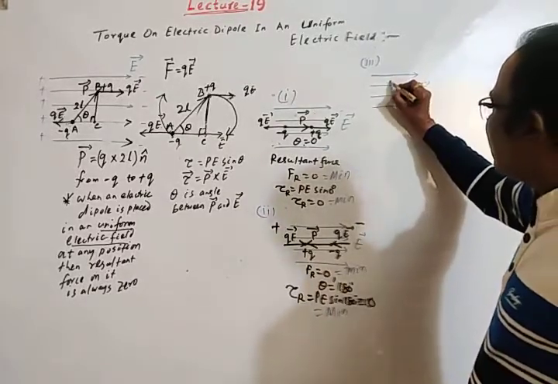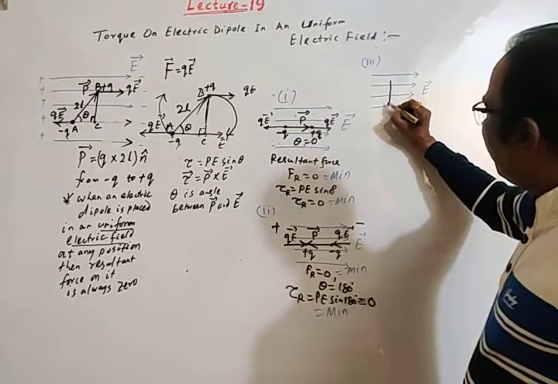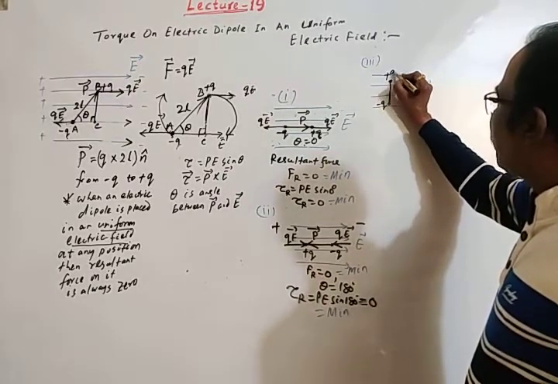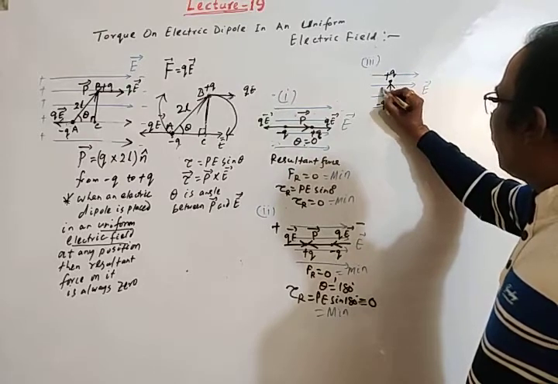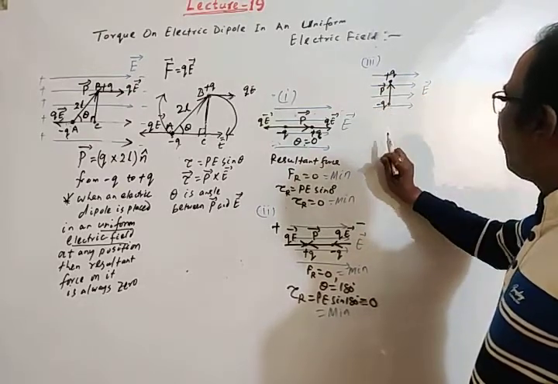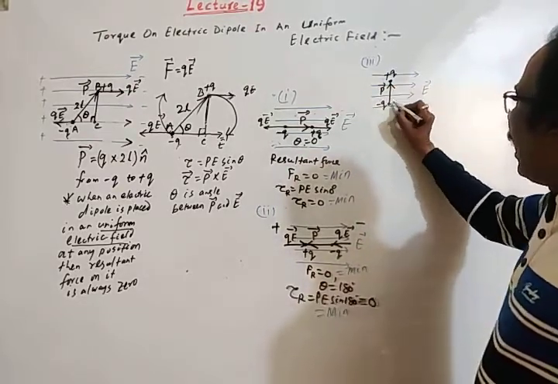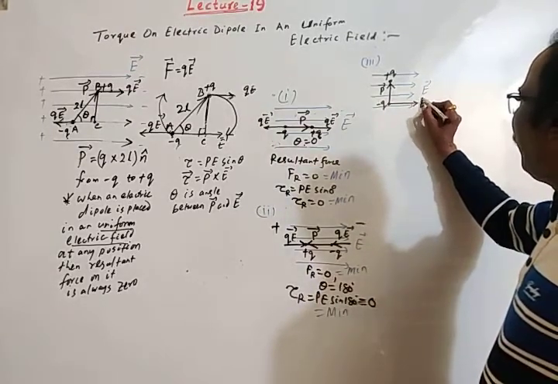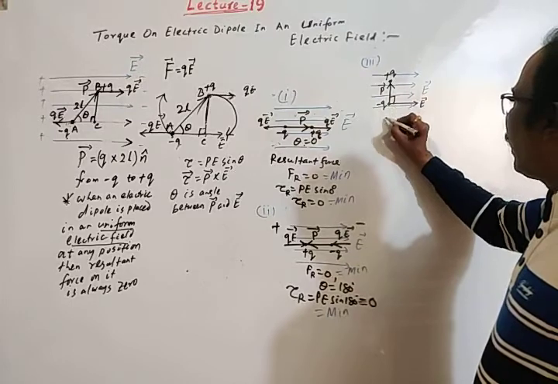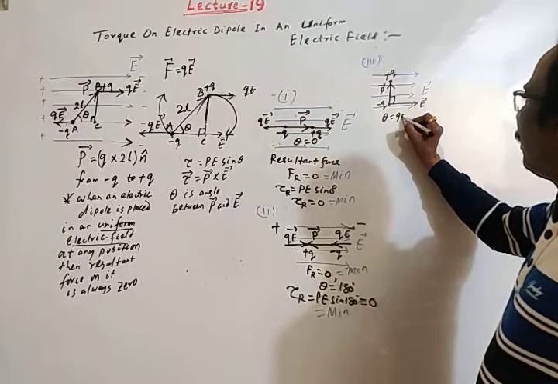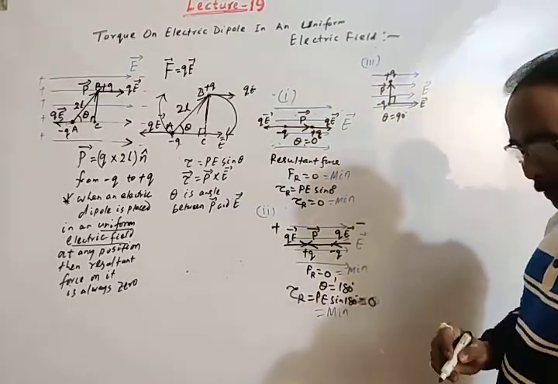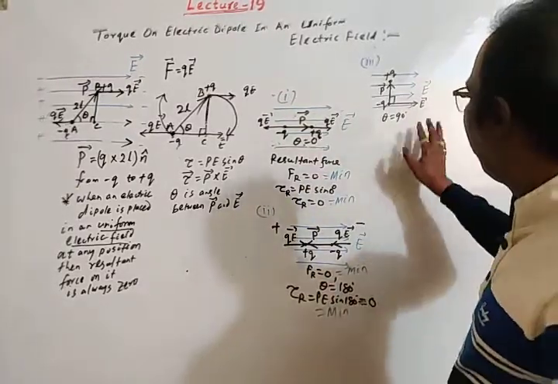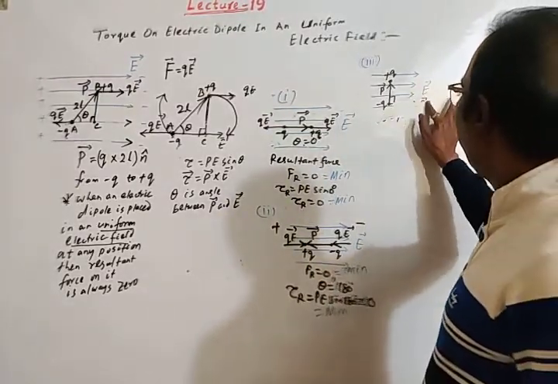Say this is a dipole, this is minus Q, this is plus Q, and this is the direction of the dipole moment P from minus Q to plus Q. This is perpendicular to the direction of the electric field, so here theta is 90 degrees. But we have to show the force on it. Here theta is 90 degrees.